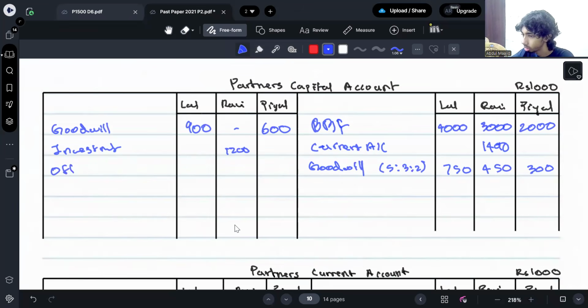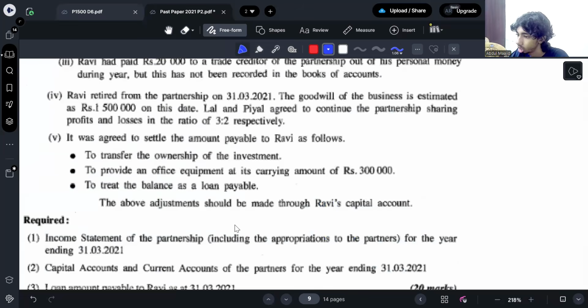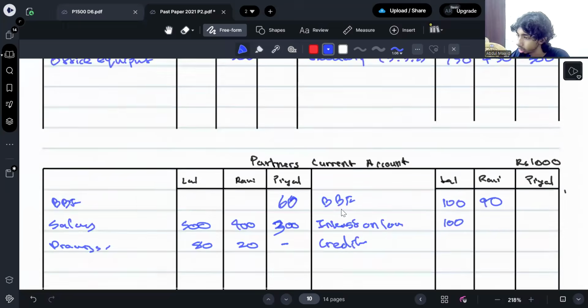Office equipment 300. And the balance amount as a loan. Okay.